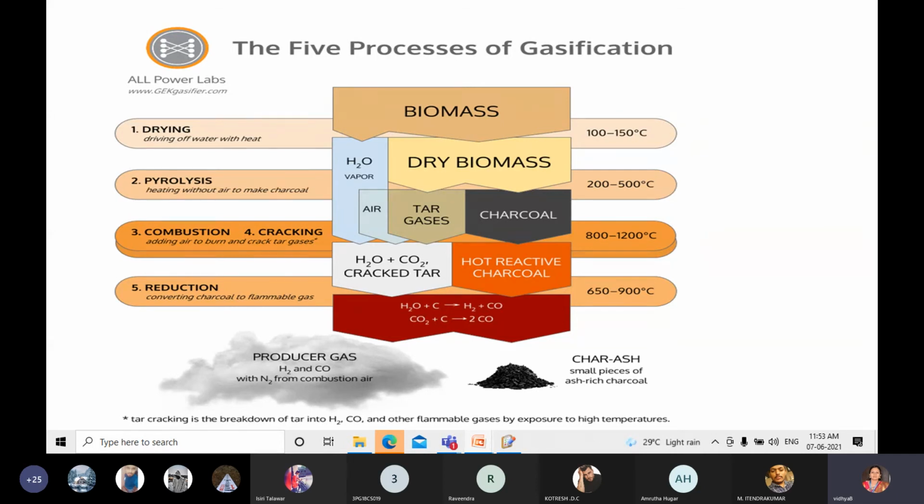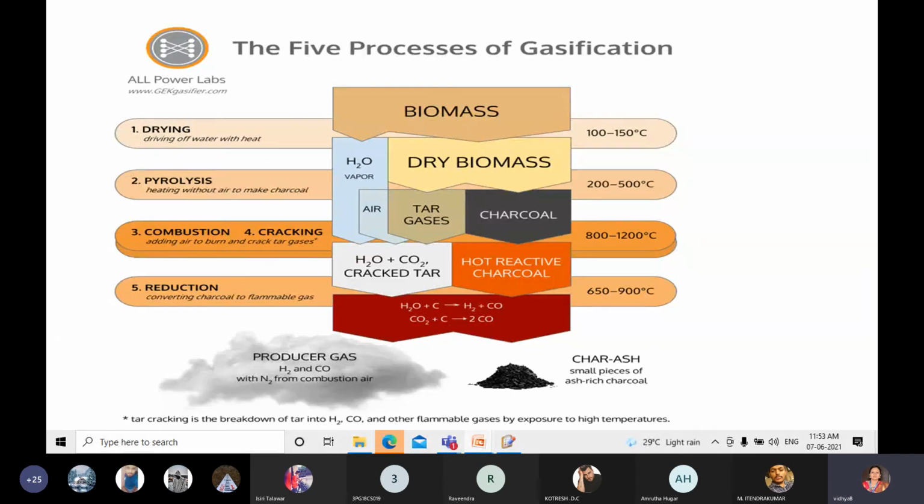Okay, CO is carbon monoxide and H2 is hydrogen. Here are the two reactions: first, carbon dioxide mixed with carbon gives carbon monoxide; and water vapor reacting with carbon gives carbon monoxide plus hydrogen.